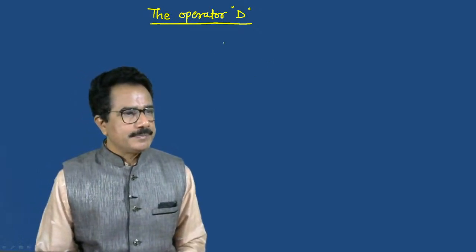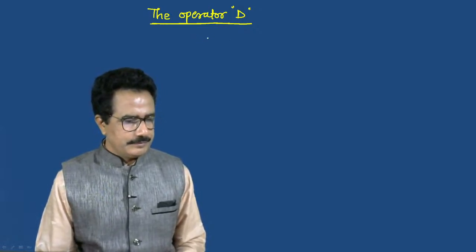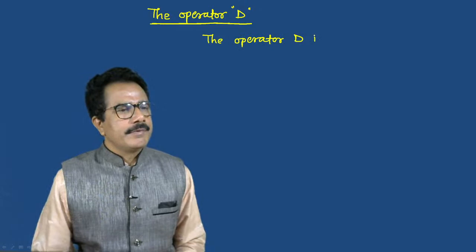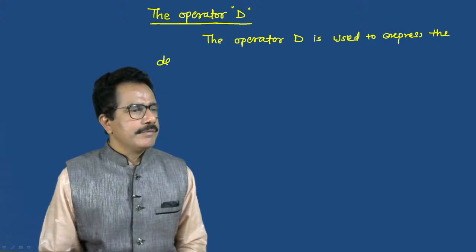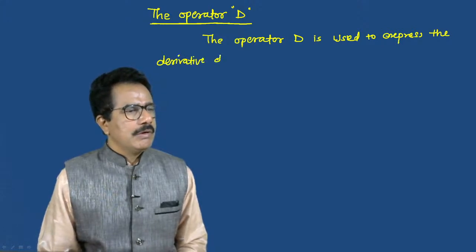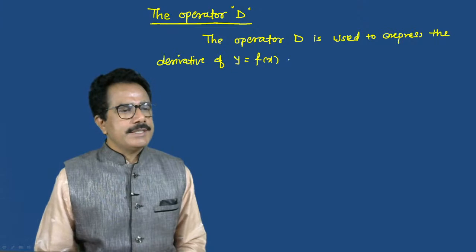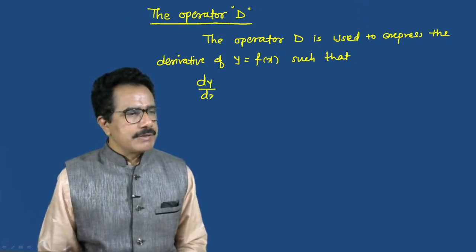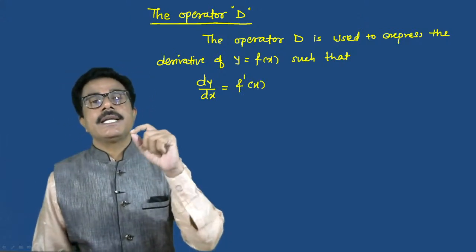See this, we know that the operator D is used to express the derivative of y is equals to f of x, such that dy by dx is equals to f dash of x. Then D is a derivative operator.